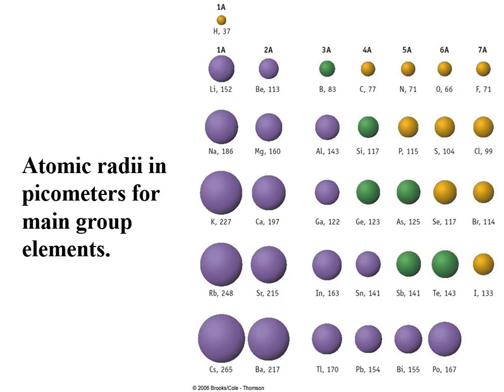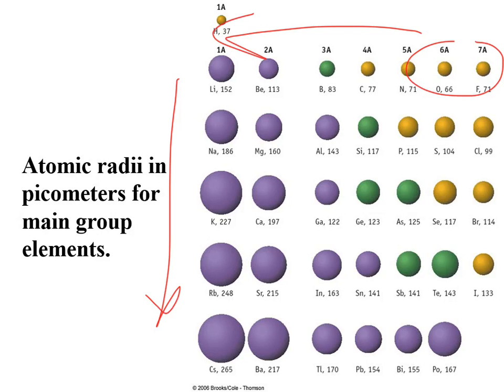For instance, if it's getting smaller, it goes 83, 77, 71, 66, which is fine, but then it goes up to 71. So it's not an exact trend. But in general, you definitely see it gets larger if you go down the group, and it gets larger as you go across the period from right back to left.